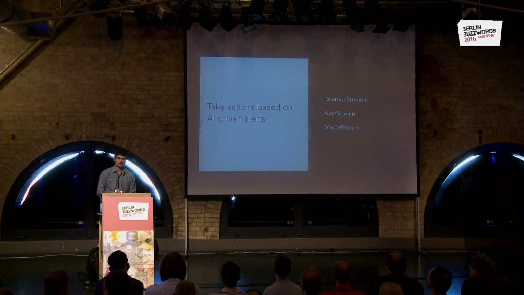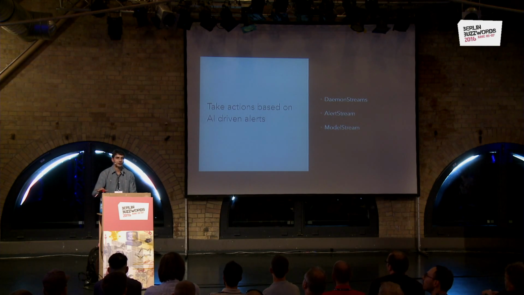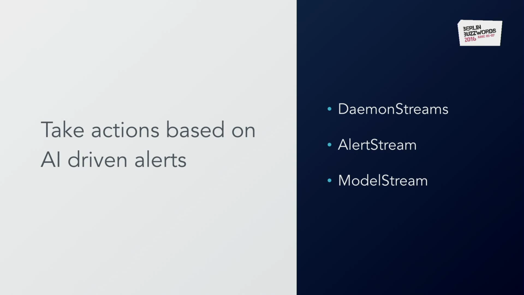You can do alerts using the topics and the model streams. There is also something called a Daemon stream. A Daemon stream is something which is like a daemon. It is running all the time. Okay, so when a new document comes in and it matches, that Daemon stream can actually send that alert to you. So it's not just based on a request, it's something which is there all the time and can do stuff in the background.